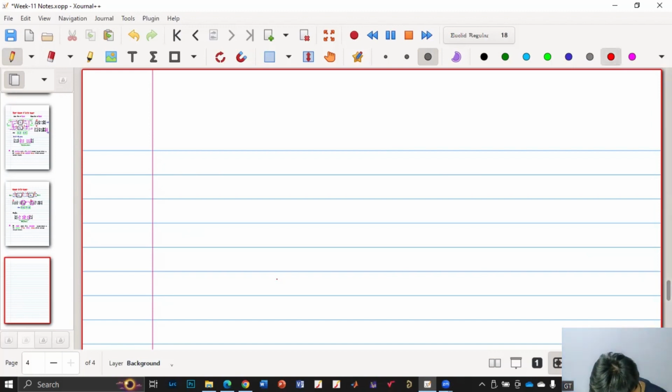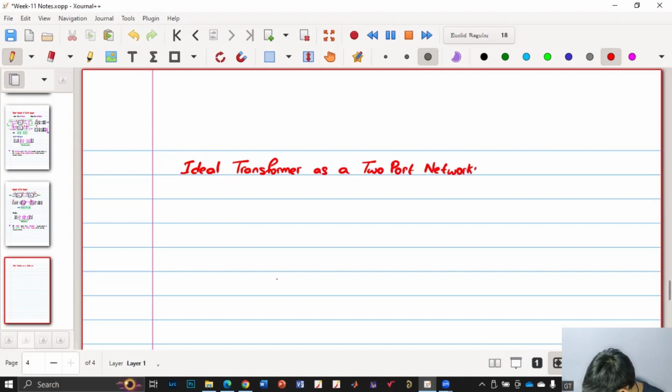So this is ideal transformer as a two-port network.